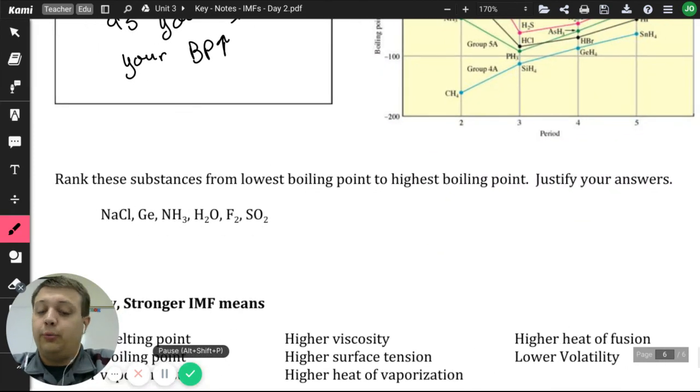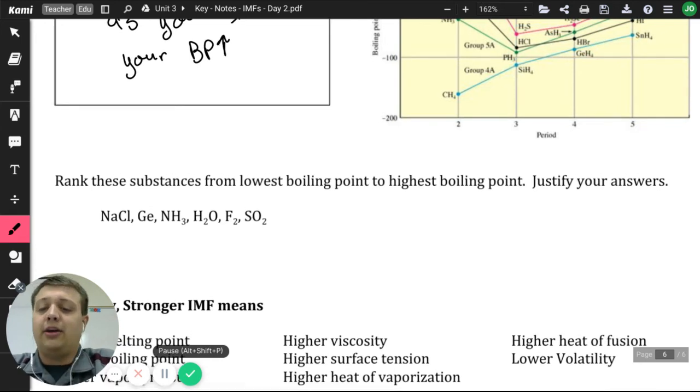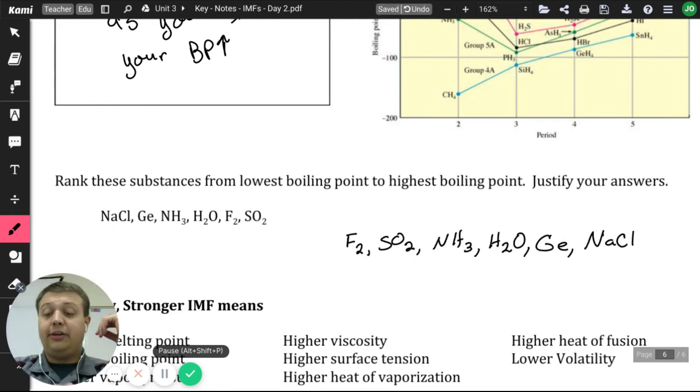Okay. Now, rank these substances from lowest boiling point to highest boiling point. So I do want y'all to quickly pause your video and actually work through that. Rank those from lowest to highest. Okay, so hopefully y'all got fluorine, sulfur dioxide, ammonia, water, germanium, and then salt.